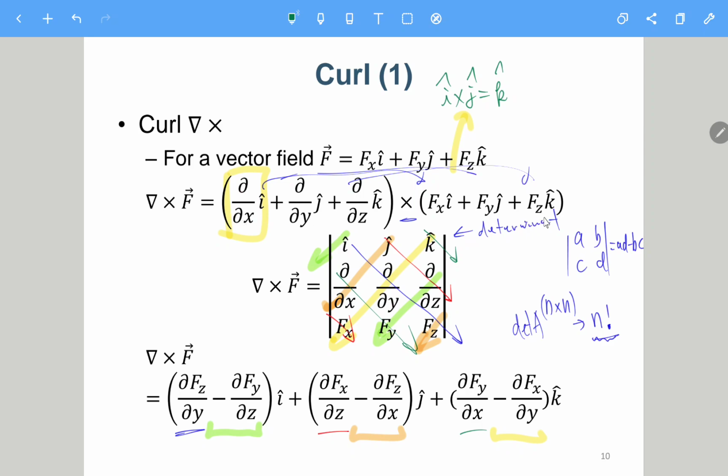For the third one, i hat cross k hat will be negative j hat, and then partial fz partial x, which goes here: j hat partial fz partial x. I will not go through the others, so you can practice it yourself if you have interest. But this way can also give you a correct answer. Anyway, the curl looks like this.